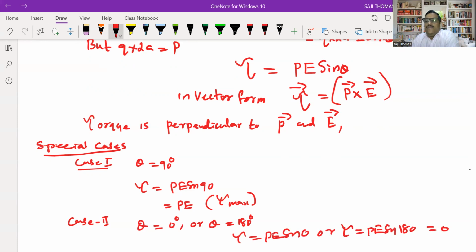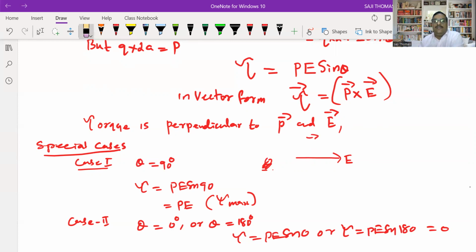So when a dipole is placed parallel or anti-parallel to the electric field, the torque acting on it is 0. In the first case, sorry, they were perpendicular.